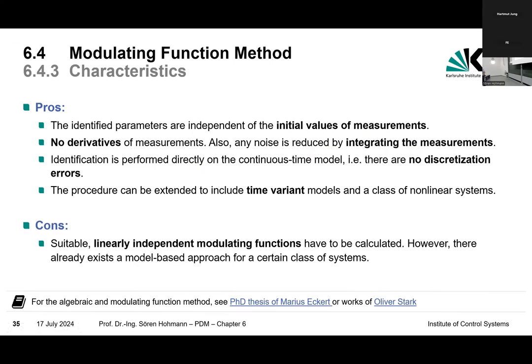Third, it can be extended to time variant models. Last, we need linearly independent modulation functions to be calculated, but there exist such classes and they can be generated automatically in some sense. So at the very end, it works quite well.